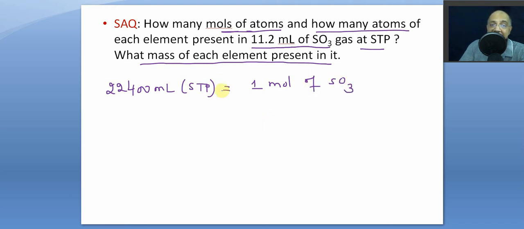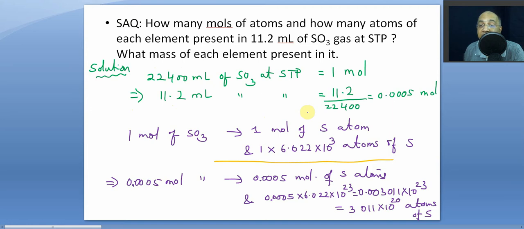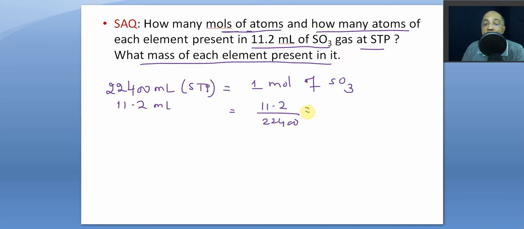then, and let us find out the mass immediately. Mass of each element. Sorry. 1 mole of SO3, then 11.2 ml at STP will be 11.2 by 22,400. So let me have a check. It is 3 zeros, 0.0005 mole.